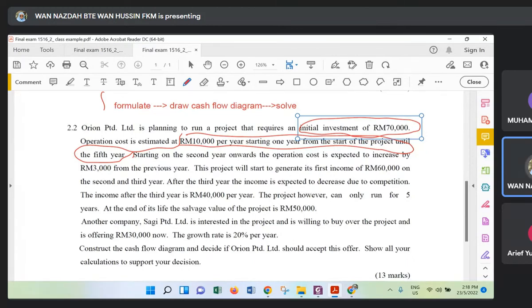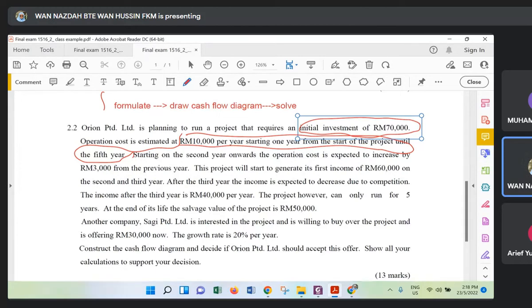Okay, Arif, what you are doing is wrong. Operation cost is not upward arrow. Operation cost is downward arrow. So Chai, can you write inside the box what is actually happening to your block diagram?